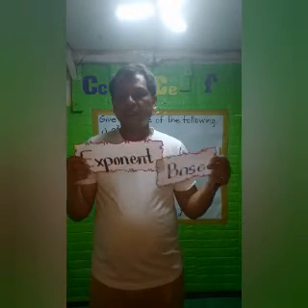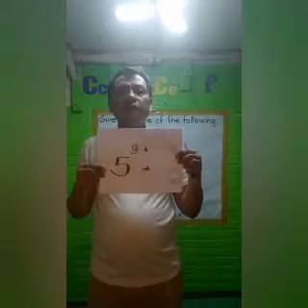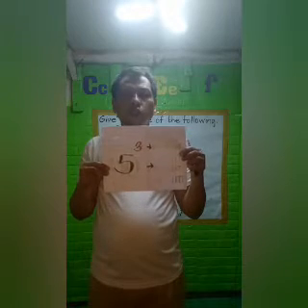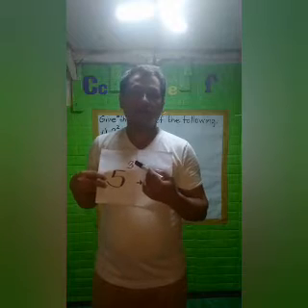So the exponent is the power that tells how many times we are going to multiply the number by itself. Let's say for example, we have here 5 to the power of 3, or we call it 5 cubed.